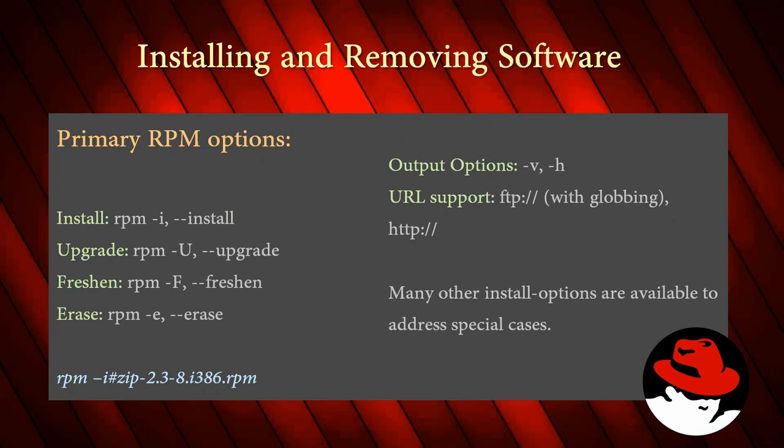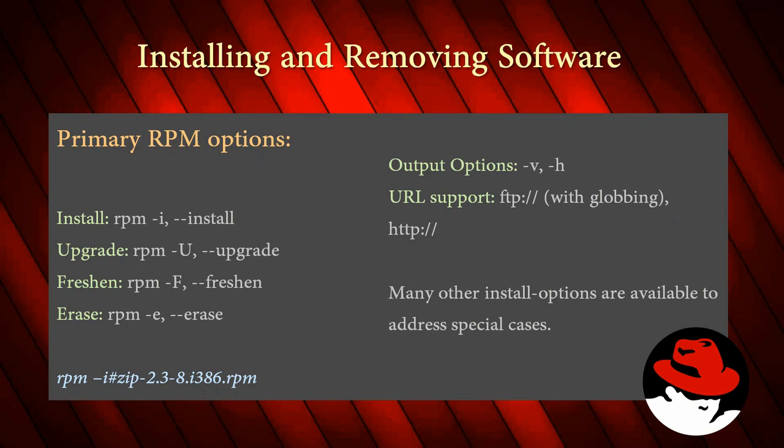So let's move to installing and removing software. There are various RPM options available. You can install software with the command rpm -i for installing a file, or you could use --install.